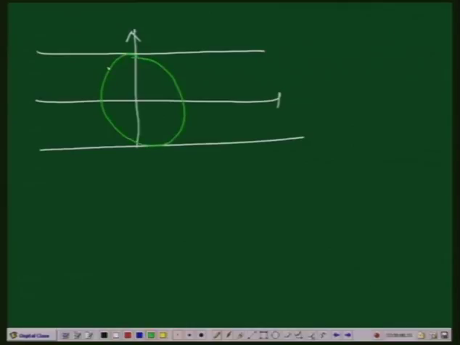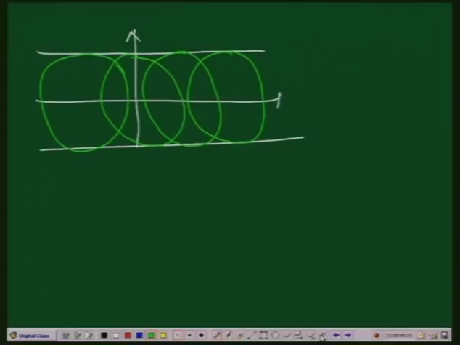This one particular circle is a particular solution, one particular member of the family. One more member, and all these are members of the general family, the general solution. So I have illustrated what the general solution is and what a particular solution is through this example.